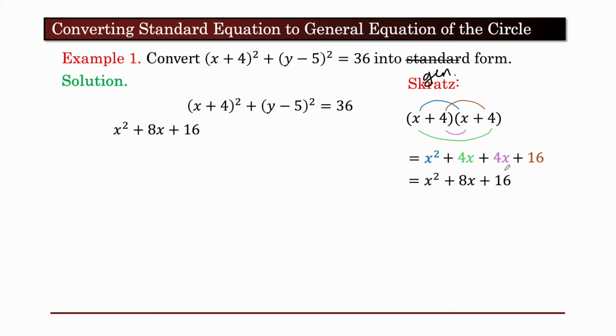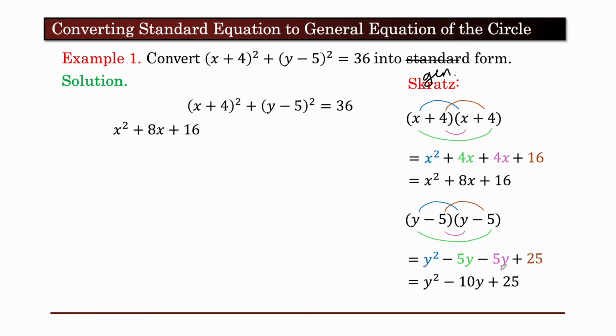So, lagay lang muna natin dyan. Now, let us proceed to the y term. FOIL method again, y times y, y times negative 5, y times negative 5, and then negative 5 times negative 5. So, similar terms, combine. We will receive y squared minus 10y plus 25.